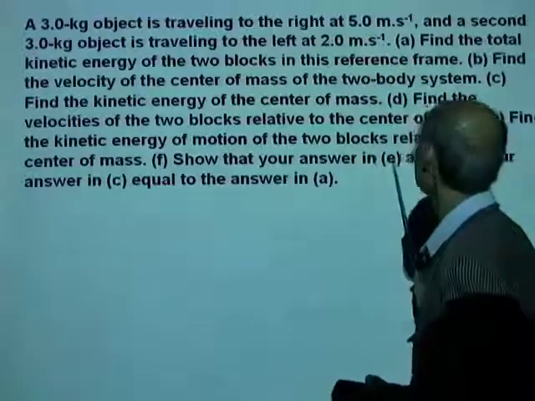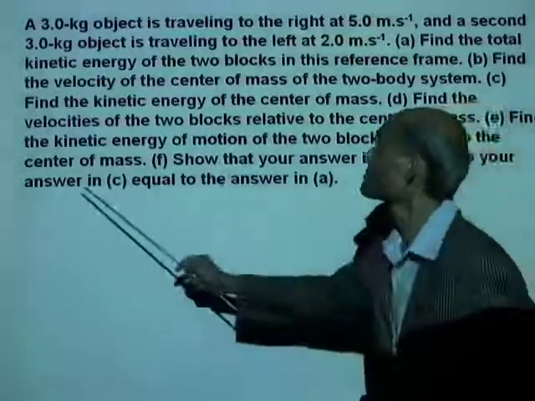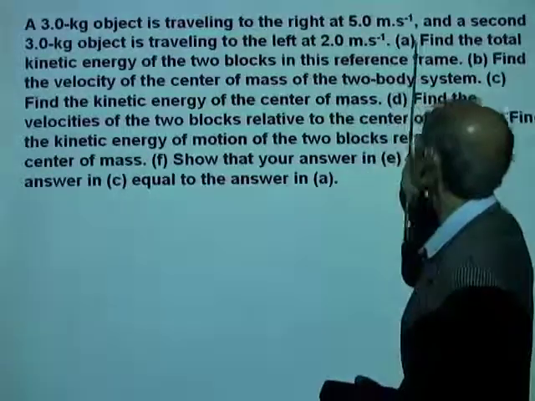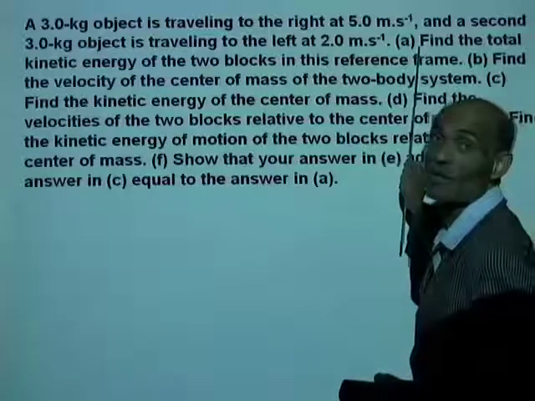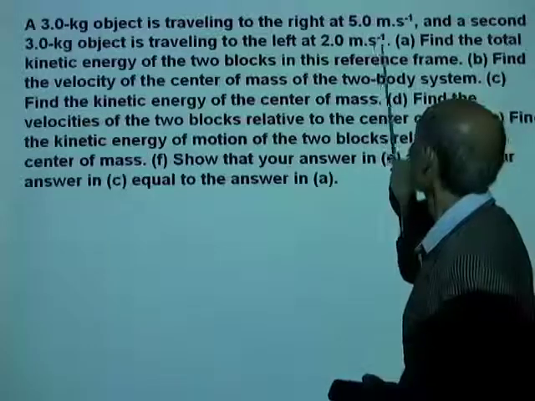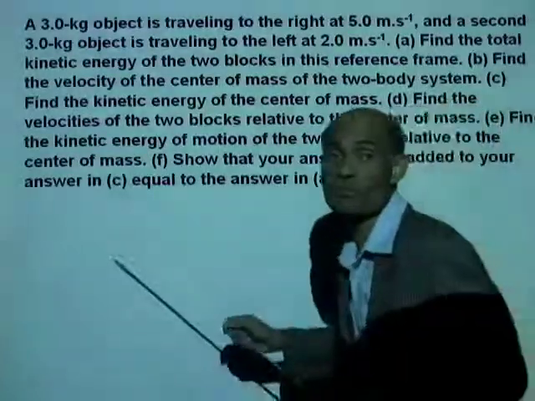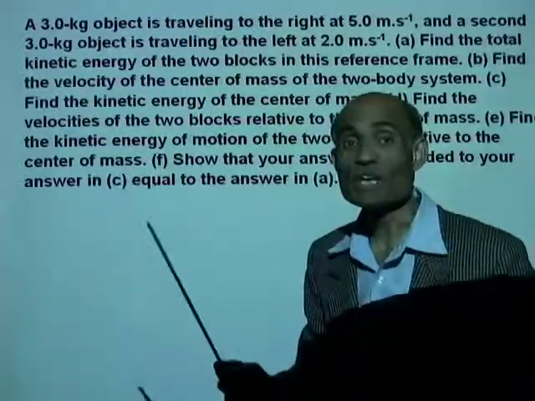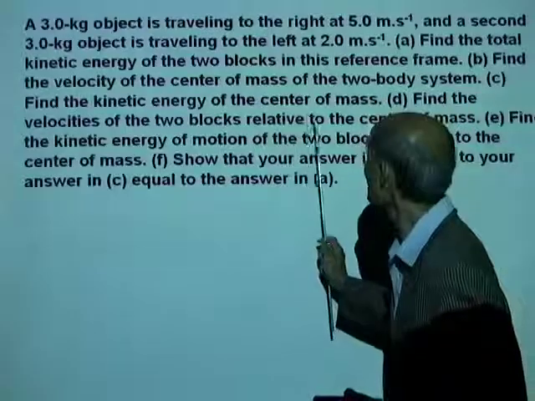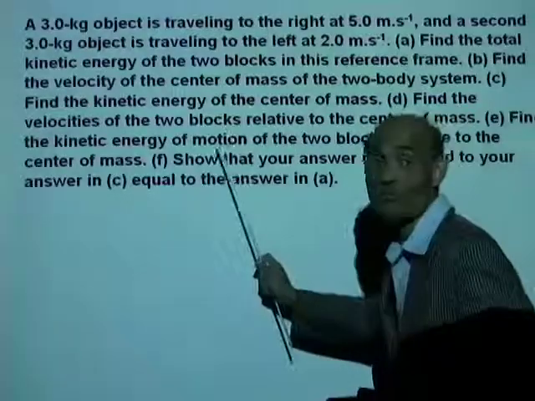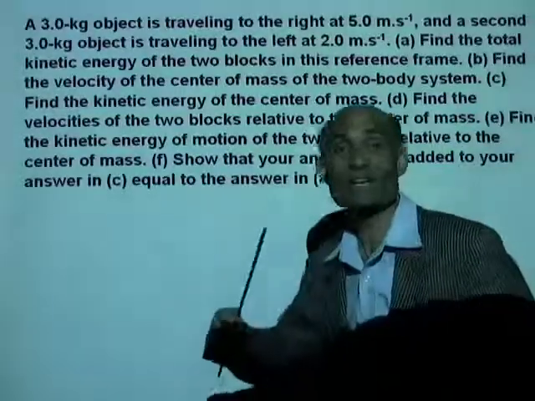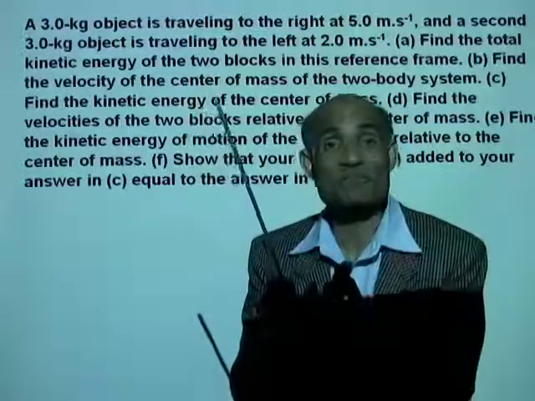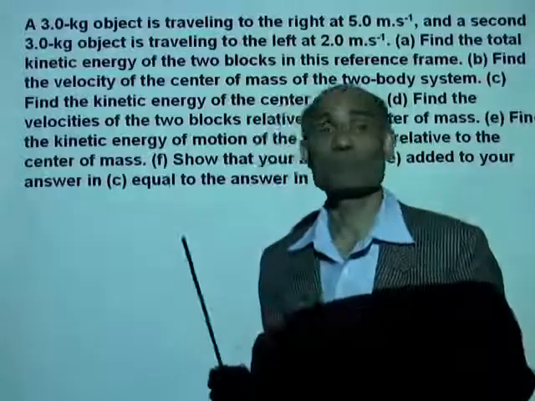Show that your answer in E added to your answer in C is equal to your answer in A. In other words, you have to show that the kinetic energy of the two objects measured from the laboratory frame is equal to the kinetic energy of the center of mass plus the kinetic energy of the two objects measured from the center of mass. That is the question.